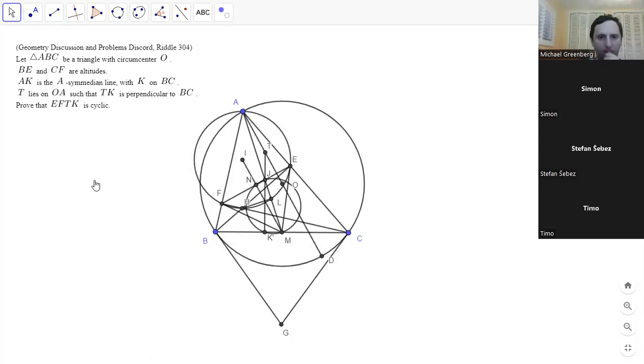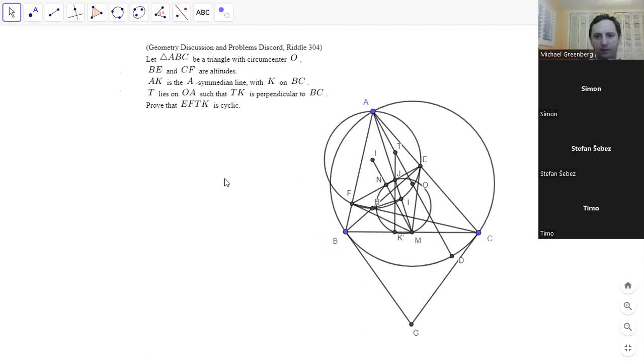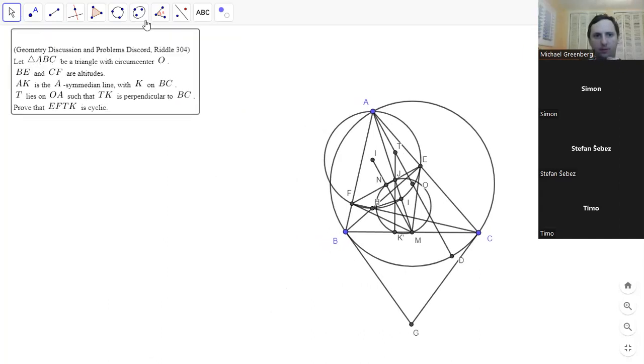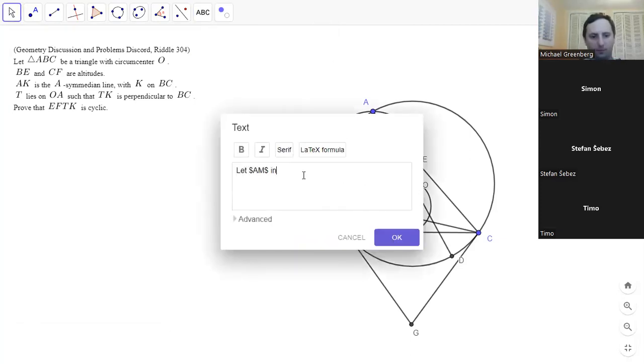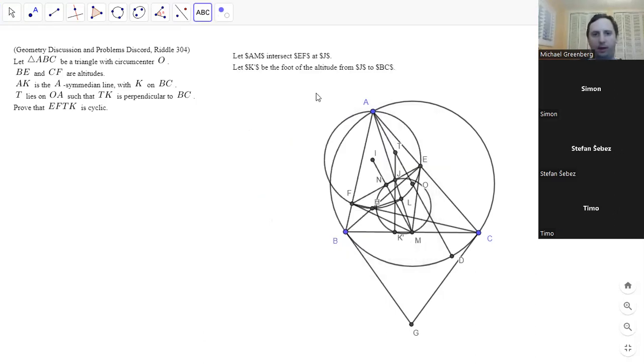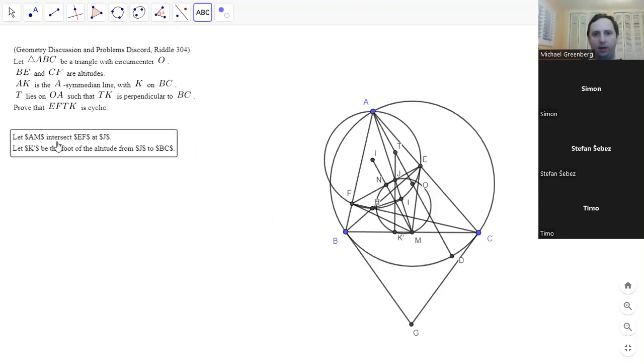So let AM intersect EF at J. And let K prime be the foot of the altitude from J to BC. And then we want to show that AK is a symmedian.